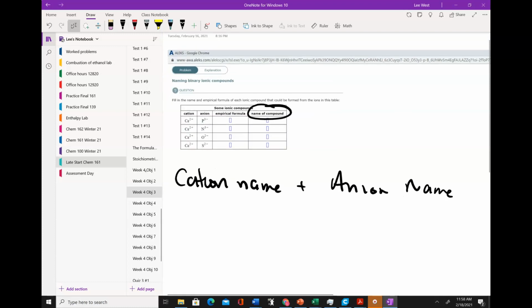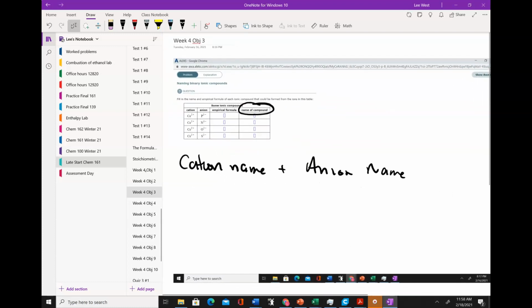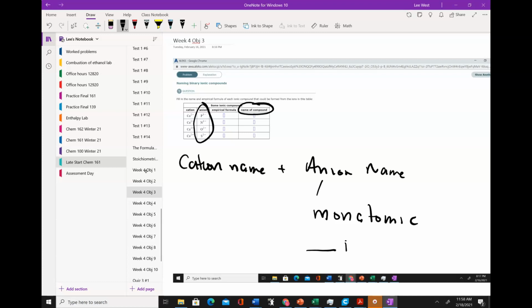Now the anions, as I said, can be of two types. They can be polyatomic or they can be monatomic. And when I look here, they're all monatomic. So to name a monatomic anion, you give the stem name and you follow it with the ending IDE.